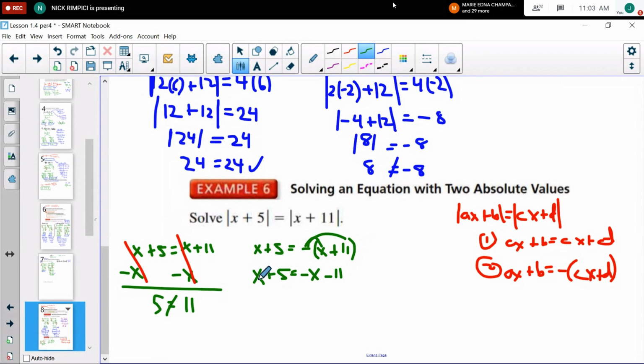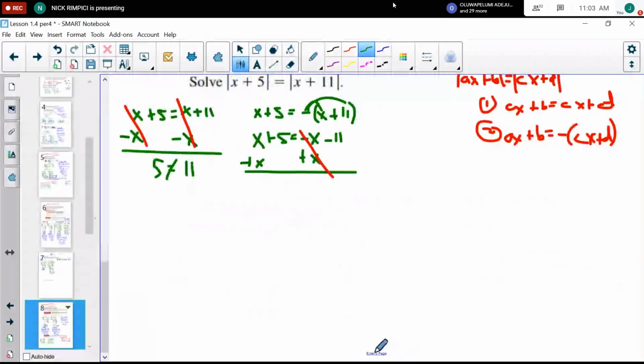From here, you have some choices. You can move anything that you want. I like to do the x's first, so I'll do plus x to this side and plus x here. You don't have to do it that way. So these cancel out. 1x plus 1x is going to give me 2x.